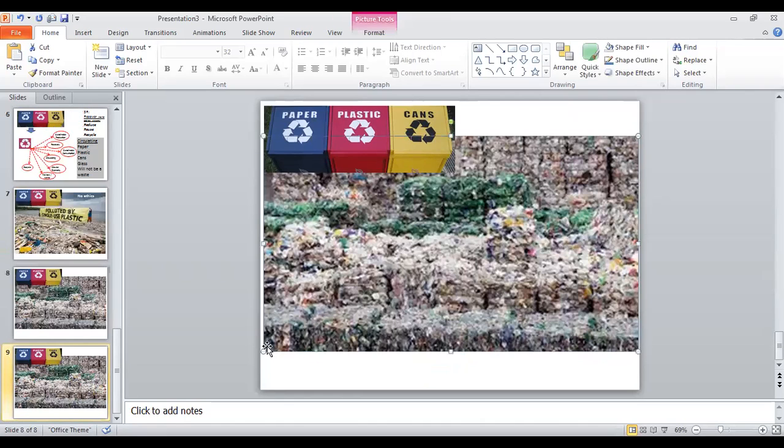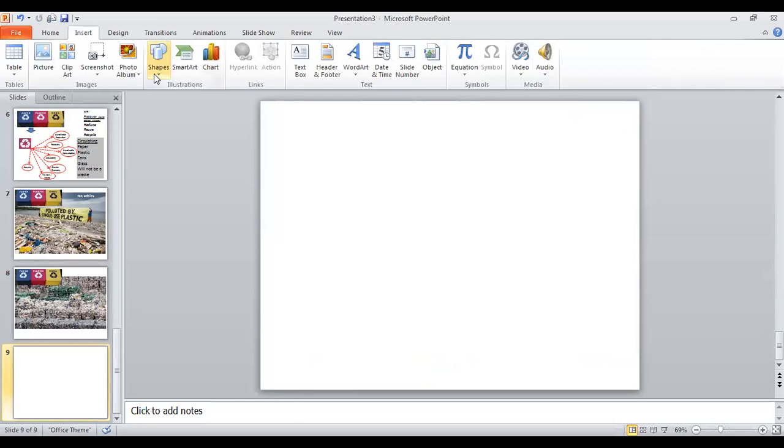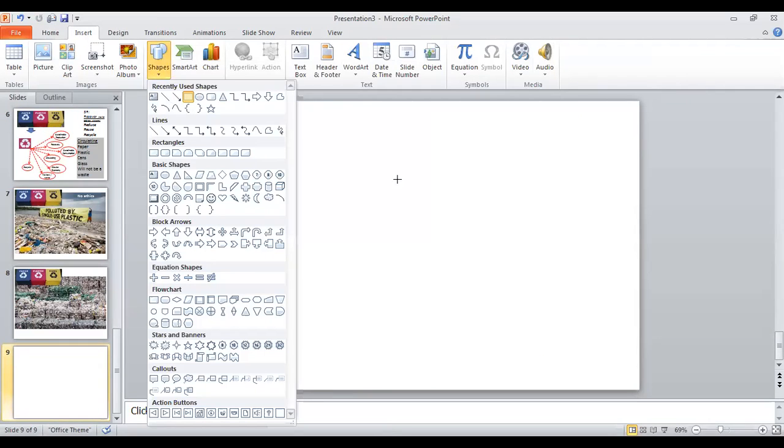Okay. Let me start with a simple block diagram.